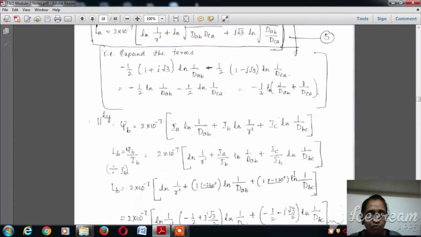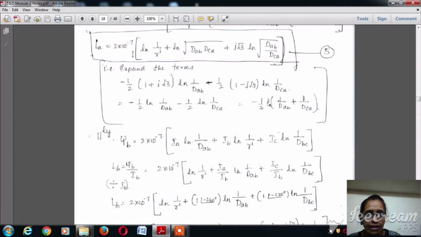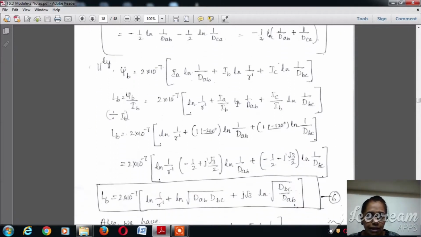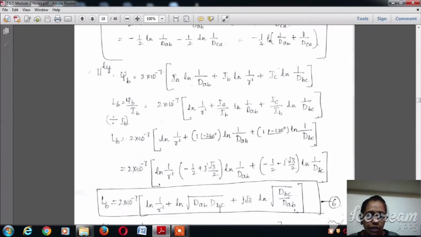See the expression for LA. LA is equal to 2 into 10 to the power minus 7 ln of 1 divided by R dash plus ln square root of DAB into DCA. Here for B it is DAB into DBC.